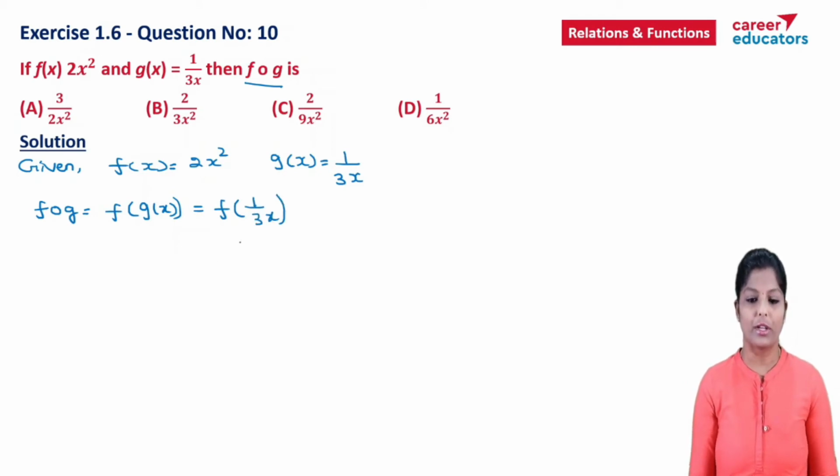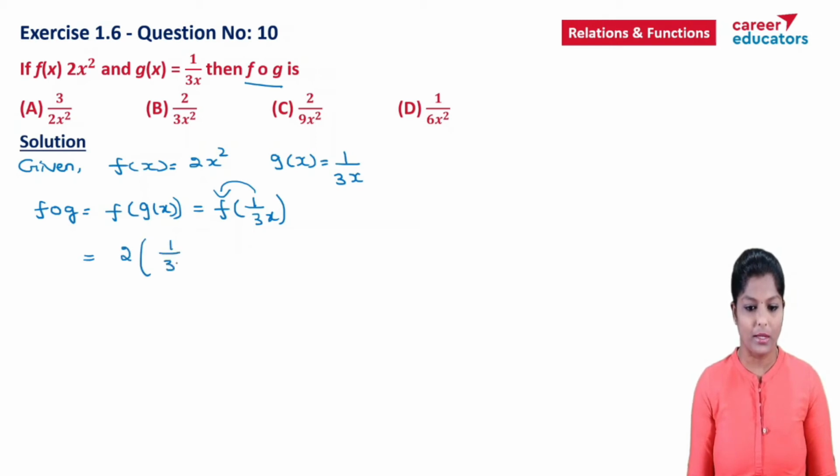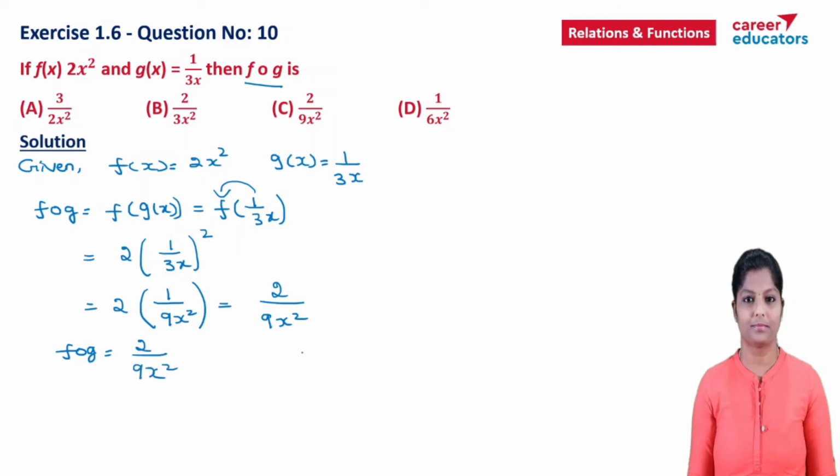Next, we have to replace x by 1 by 3x in f of x. We will get 2 into 1 by 3x whole square equal to 2 into, if you square 1 by 3x, we will get 1 by 9x square equal to 2 divided by 9x square. Now we got f of g equal to 2 divided by 9x square.